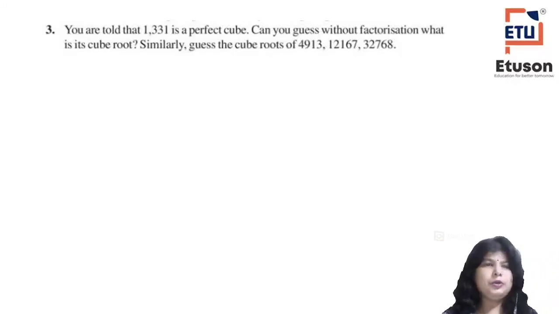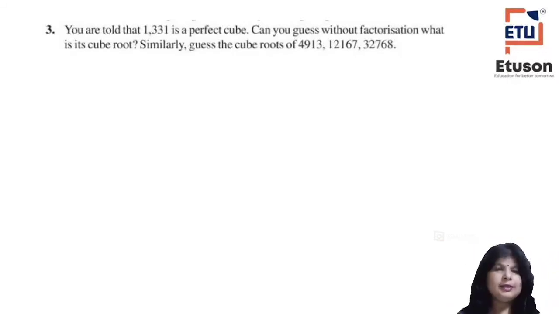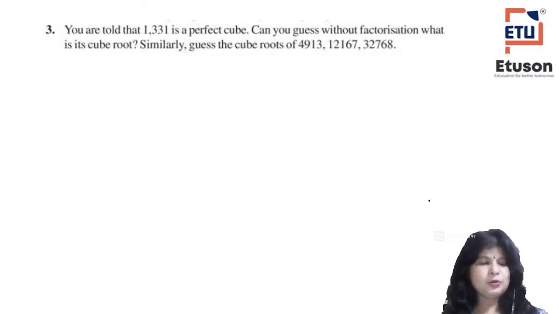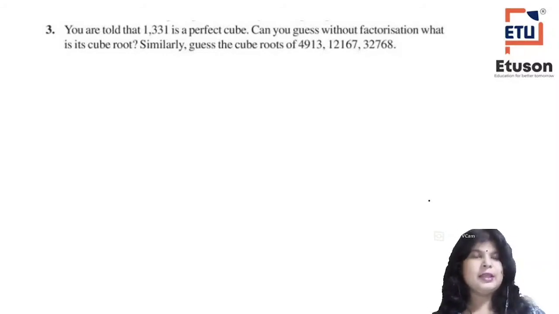Now let us go to the next bit, that is question number 3. You are told that 1331 is a perfect cube. Can you guess, without factorization, what its cube root is? If you remember, in the previous class we discussed how to estimate the cube root just by looking at the number at its units place and by grouping it into groups of 3.